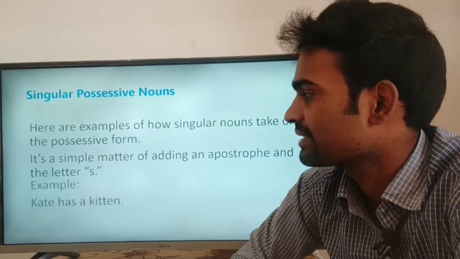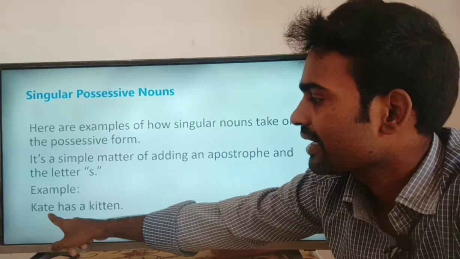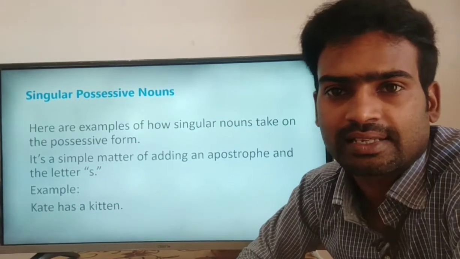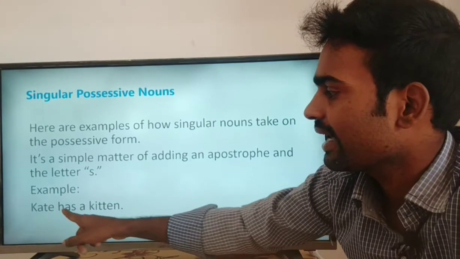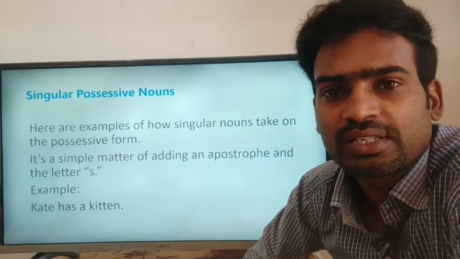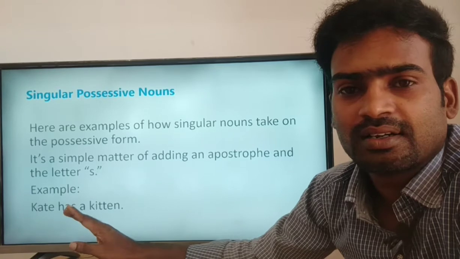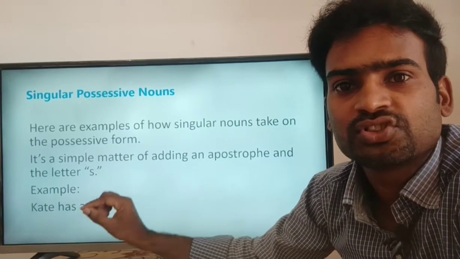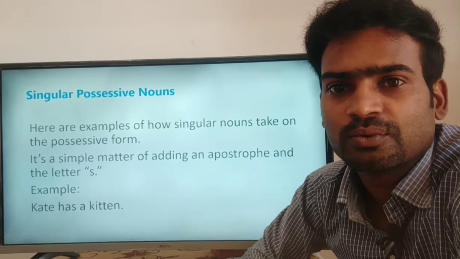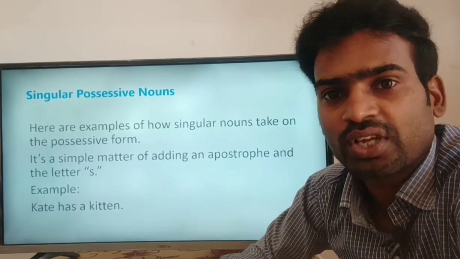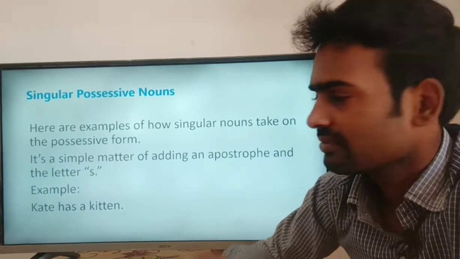Here I show you some examples. Example: Kate has a kitten. We have seen this example already, right? Kate has a kitten. How can we change it into a singular possessive form? This is not a possessive form; this is a normal form. When we change it into a possessive form, let's see how it is changed. Do you see the rule?